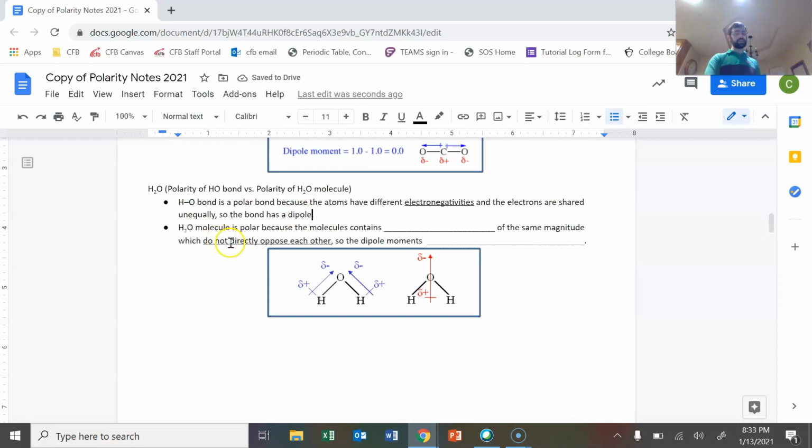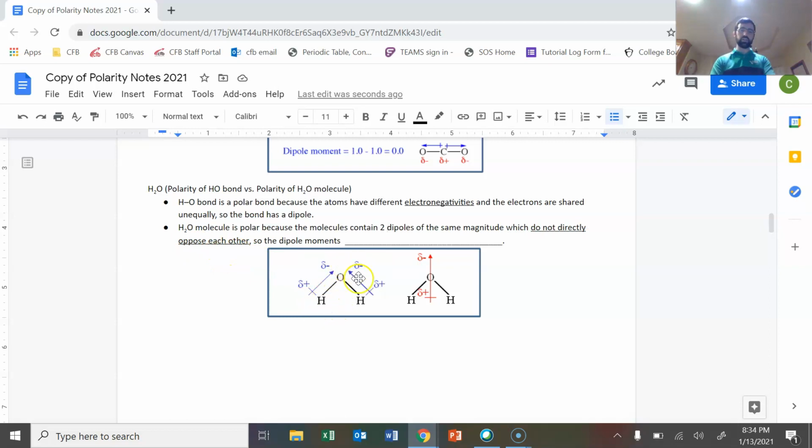However, unlike CO2, the H2O molecule is polar because the molecule contains two dipoles of the same magnitude which do not directly oppose each other.